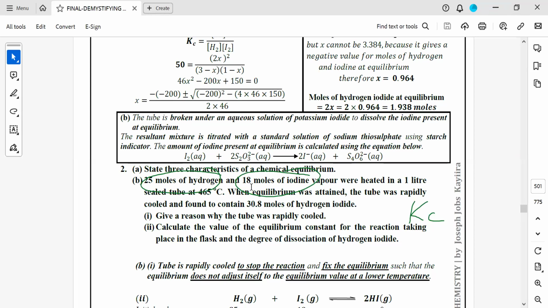And then the second part of the question is telling us we need to find the degree of dissociation of hydrogen iodide. After finding the Kc, you're going to find the dissociation of hydrogen iodide. This time round, you are forming it, but when you're finding the dissociation degree, you need to dissociate the hydrogen iodide in order to give you the what?